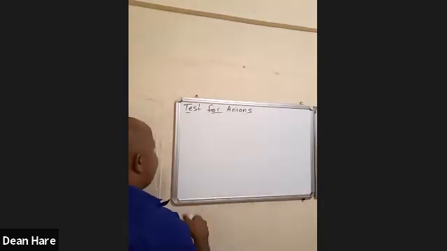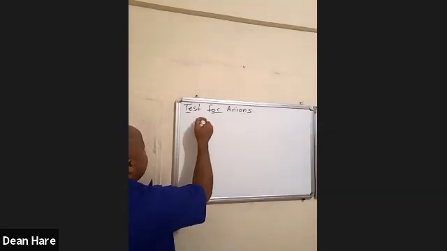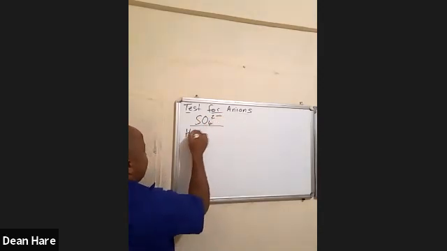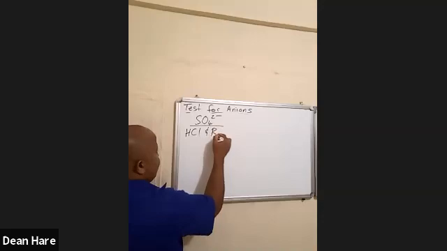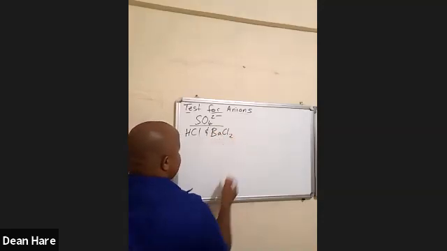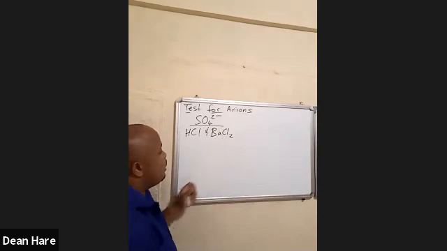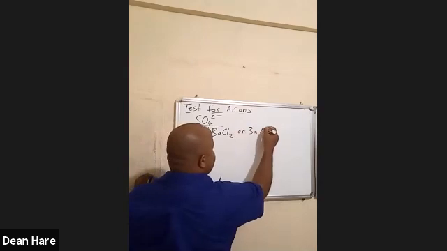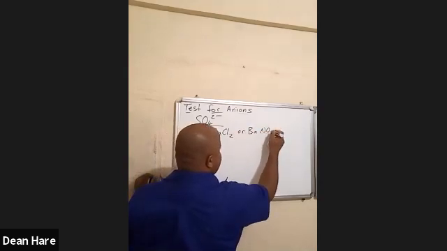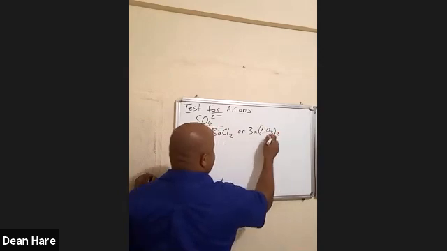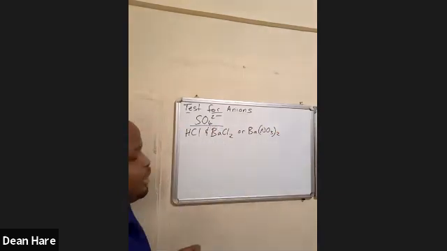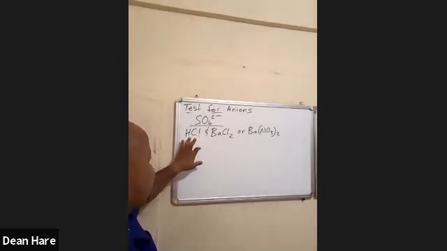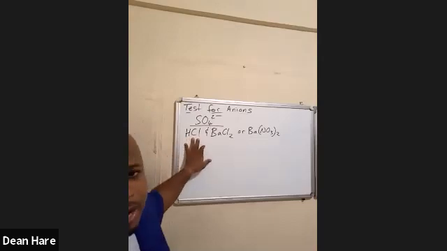All right, so for this sulfate ion, you will use hydrochloric acid and barium chloride, all right? Most cases, you will see barium chloride, but you can also use barium nitrate. Again, just like with the nitric acid, the hydrochloric acid is to remove any impurities.